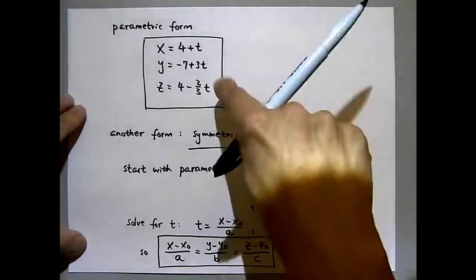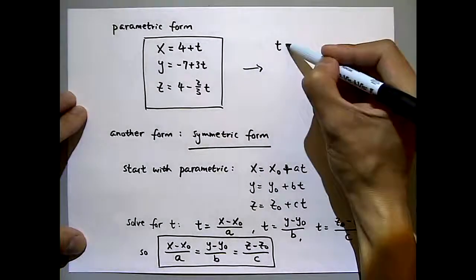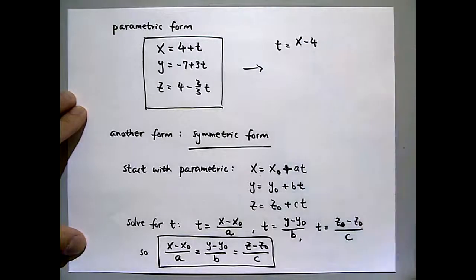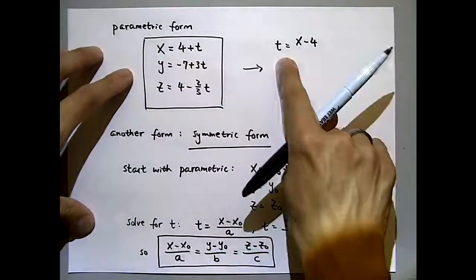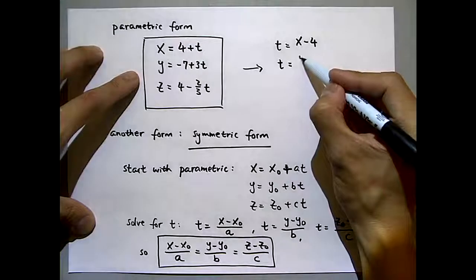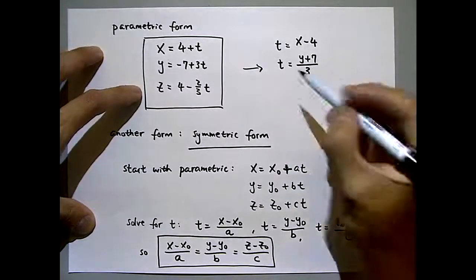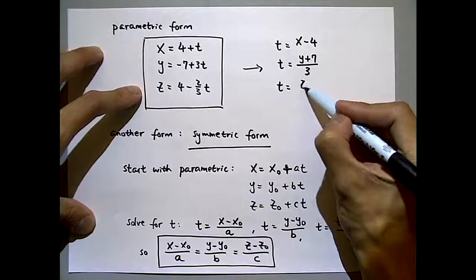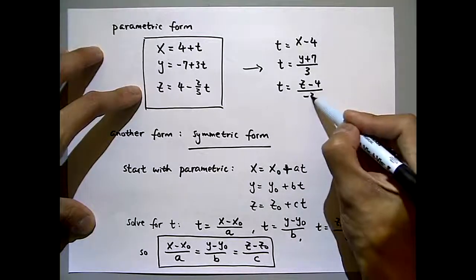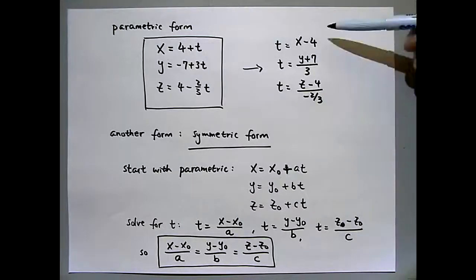And as an example, let's find the symmetric form of this line right here. From x equation, I see that t is equal to x minus 4. From the y equation, I see that y plus 7 over 3 is equal to t. And the last equation here, z minus 4 over negative 2 over 3 is also equal to t. And now all three of these things are equal.